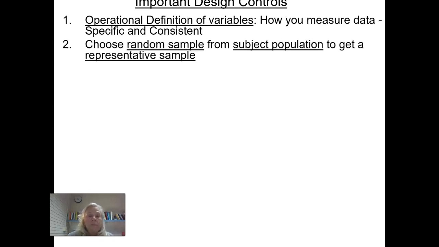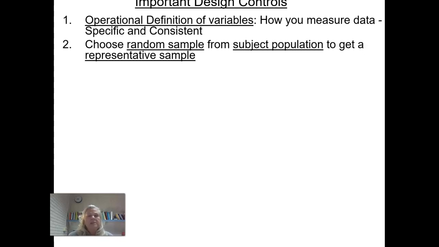It is very important that you choose a random sample from a subject population to get a representative sample. So what does this mean? I would need to get a random sample of high school students, which is my subject population, grade 10 through 12. Then I can be confident that I have a representative sample.